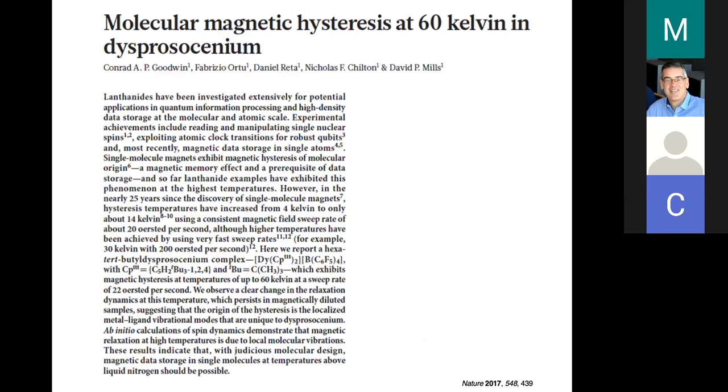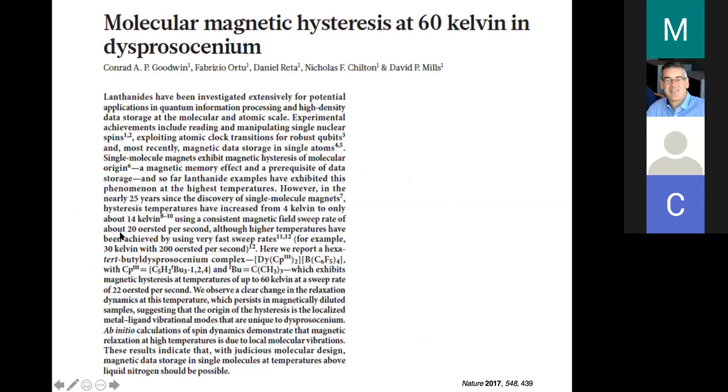And so this paper has been uploaded to the B-Courses website, and I encourage you to give it a read. It's relatively short, but it's really about the synthesis and then magnetic properties, which were a spectacular step forward for the field of single molecule magnet research.